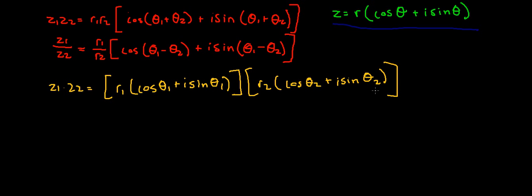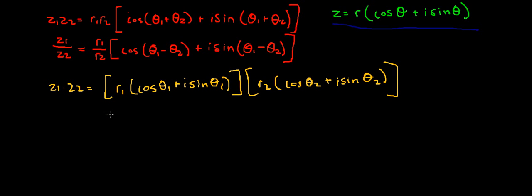So one thing I can do is just take out the R1 and R2 pretty easily. And then what I'm going to do is use the FOIL method: cosine theta 1 times cosine theta 2, cosine theta 1 times i sine theta 2, i sine theta 1 times cosine theta 2, and so on.